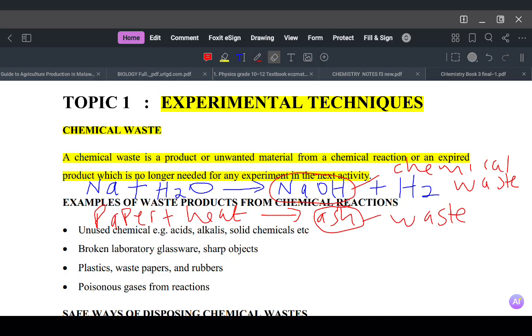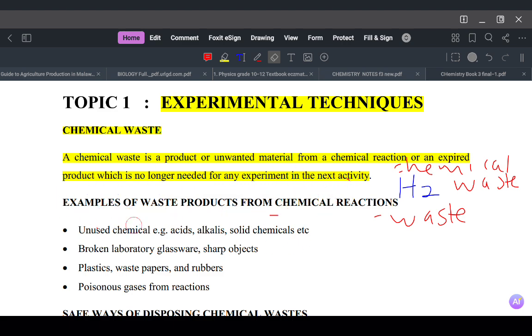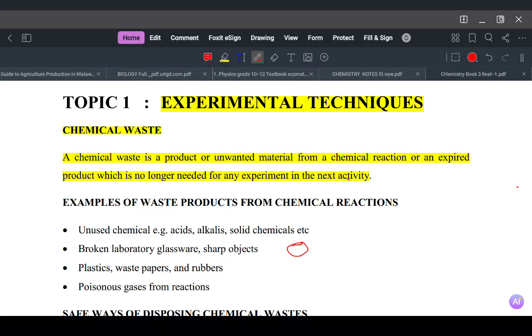More examples of wastes generated in the laboratory as you conduct different experiments are unused chemicals such as acids, alkalis, and solid chemicals. For example, let's say you are dissolving sodium hydroxide pellets, which are placed maybe in a container such as a dish.